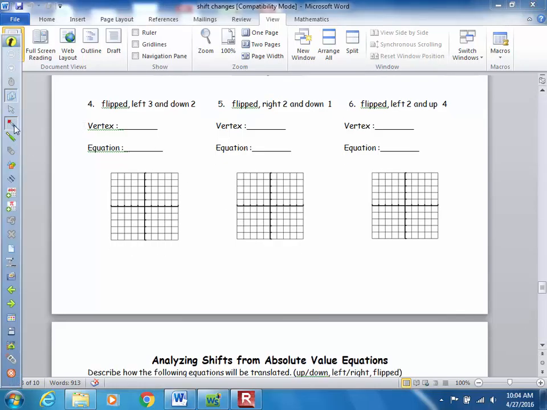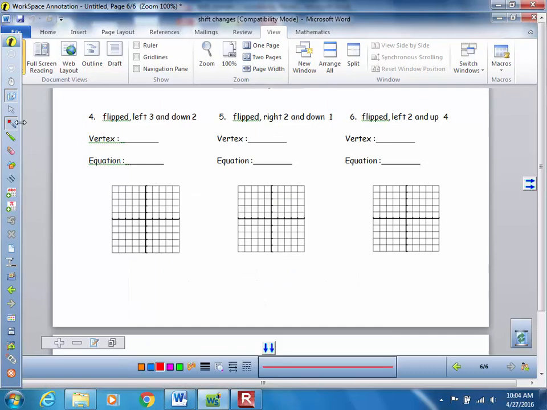Okay, let's try a few with flipped. Okay, so in number 4, this one is flipped, left 3, and down 2. So flipped means that my equation at the very beginning is going to be negative. We go left 3, which is a negative 3, and down 2, which is a negative 2.